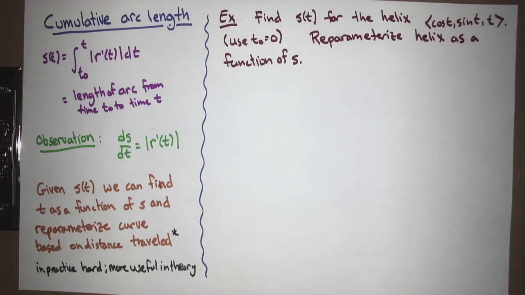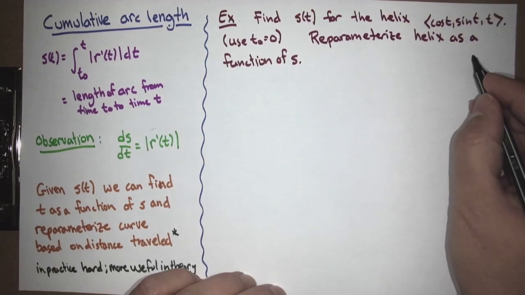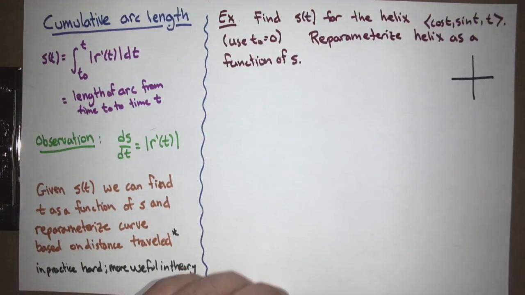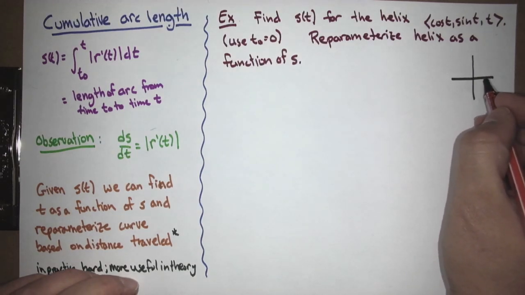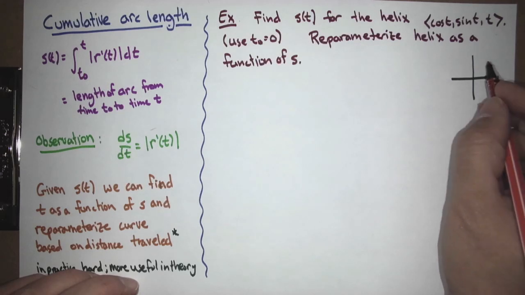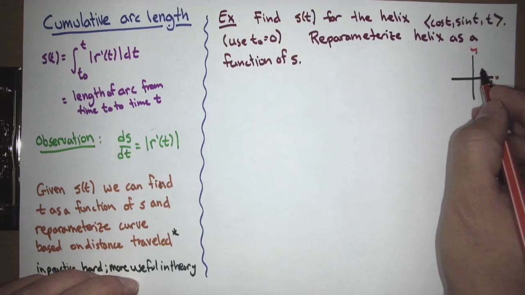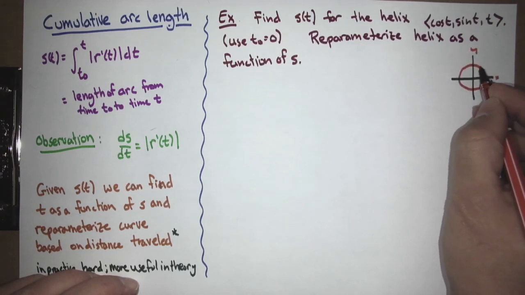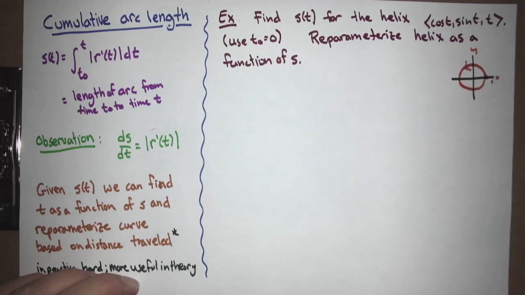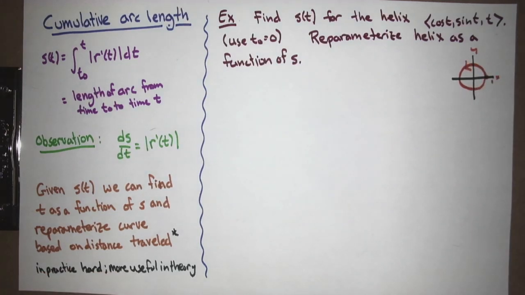In fact, cosine t, sine t is the classic way to parameterize movement along the unit circle. So we have this unit circle. We start here at x equals 1, and we move around the circle, and we just keep spinning around and around and around. So that's if we just ignored the z.